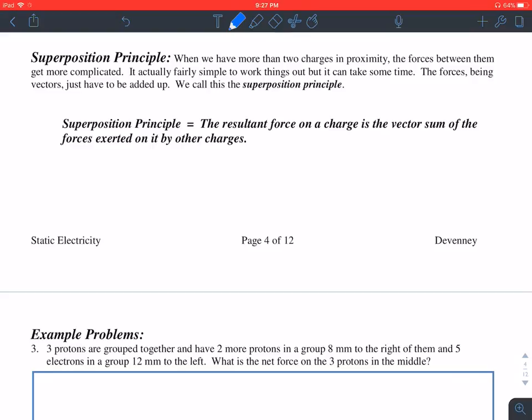Let's move on to our more complicated problems here. The superposition principle. Basically, what it means is that forces can pull in multiple directions, and the resultant force is the vector sum of the forces.